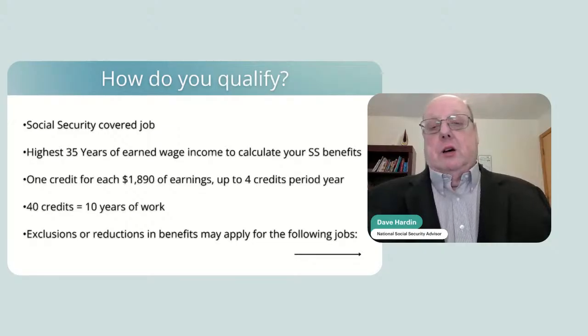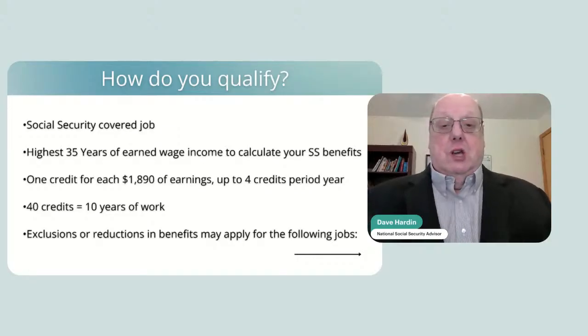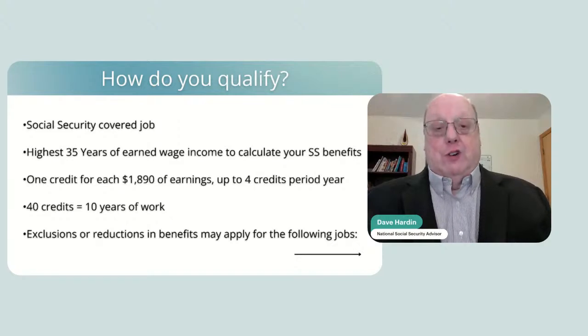But the workbook, by the way, will explain every one of these things so you can figure out exactly what each one represents. But it's also important to know that if you don't have 35 years, this is why you need to be really careful about planning to retire without having done the homework first.